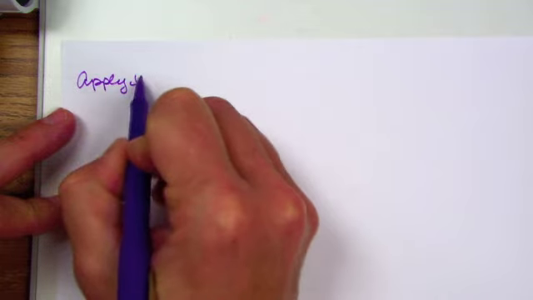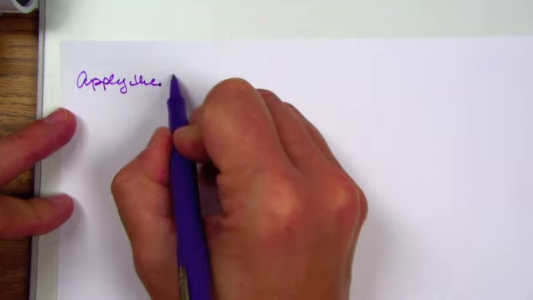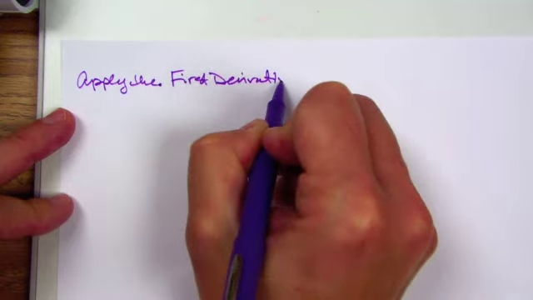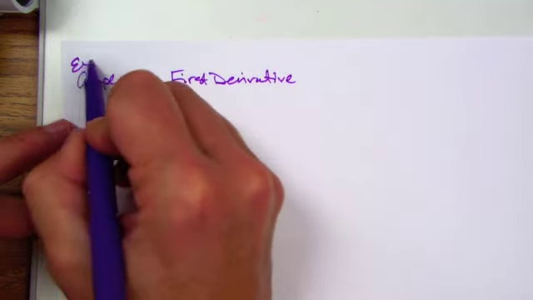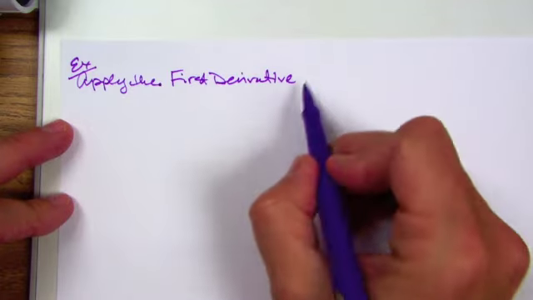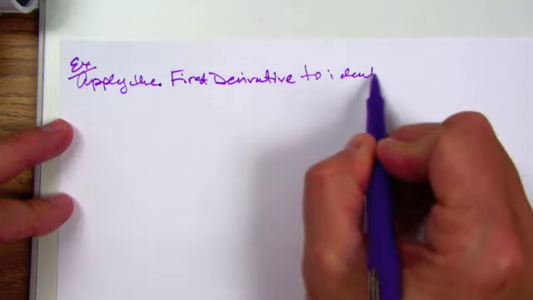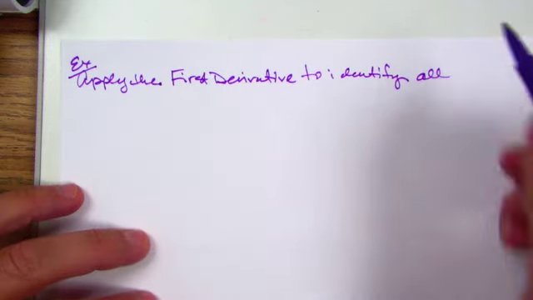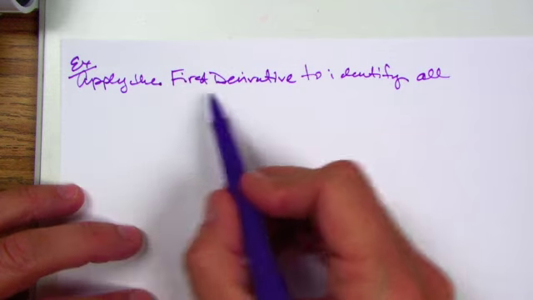Okay, apply the first derivative test. Yeah, this is an example. Apply the first derivative test to identify all relative extrema. Sorry, I didn't mean anything bad against your mother. I didn't even hear what you said.